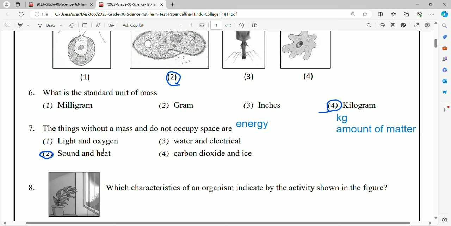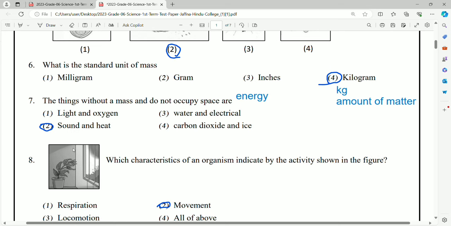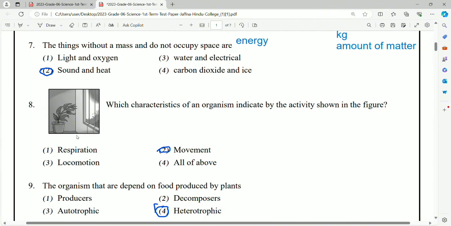So the first answer will not come because oxygen is matter, the third will not come because water is matter, and the fourth will not come, since both carbon dioxide and ice are matter. So sound and heat is the answer. Sound energy, heat energy, light energy, and electricity are energy. Those do not have mass and do not occupy space.